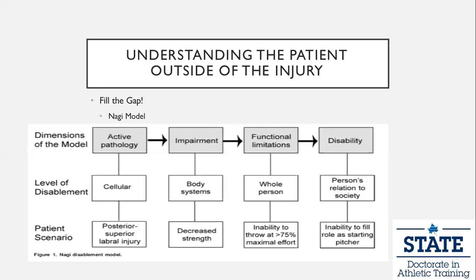This would make me begin to ask more questions on the disability side of things, to see that person's relation to society, to ask how this is going to affect them and their roles as an athlete, as a student, as a brother or sister, son or daughter, or worker at the grocery store.